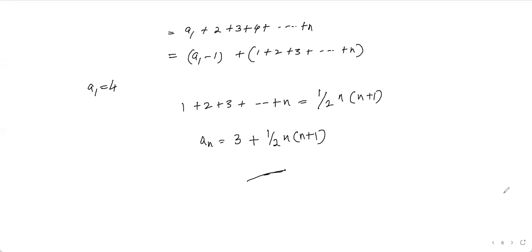Now let us look at another problem to find an explicit definition of the sequence. We have a1 is 7, and an is 2 times an minus 1 plus 1 for n greater than or equal to 2.